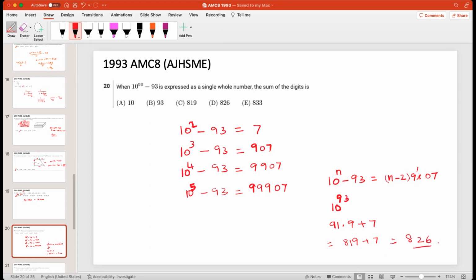Do we have the answer? Yes. Why I'm multiplying here is because we want the sum of these digits. So there are 91 nines and then 07. That's your number. So 91 into 9 plus 7. So that's 819 plus 7, 826. That's your answer.